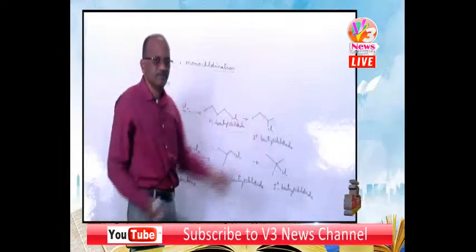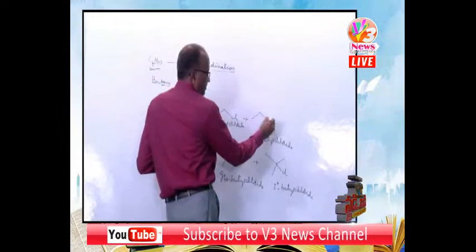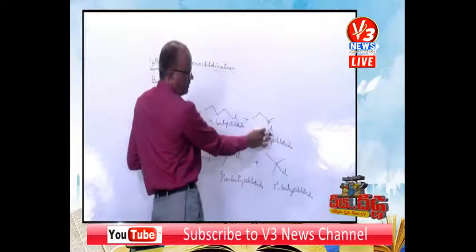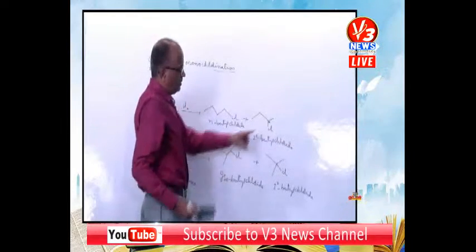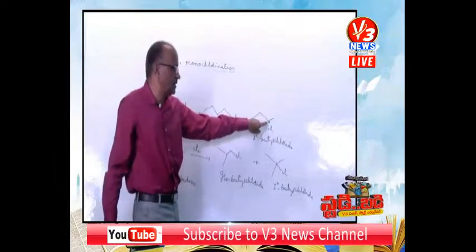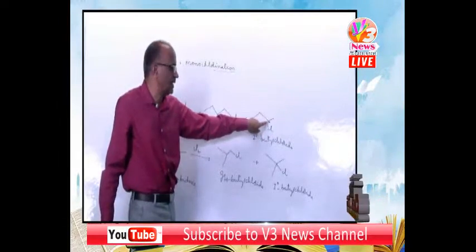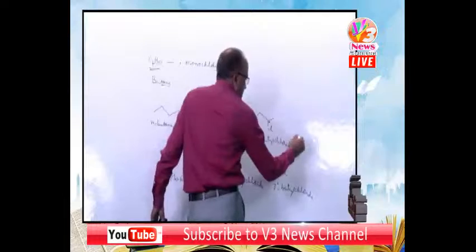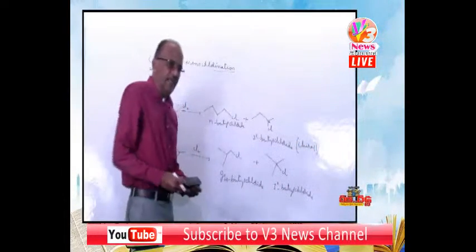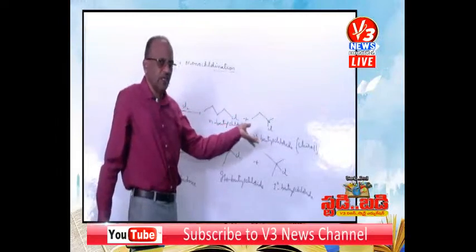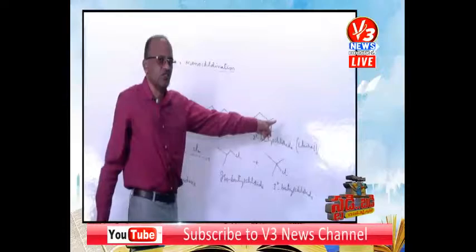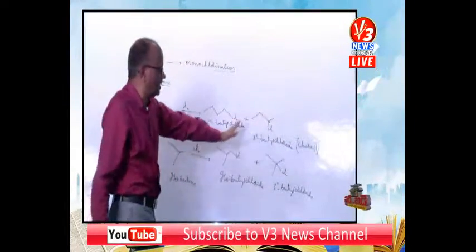Then total how many isomers are possible for monochlorination of butane? You observe this one. This is a chiral carbon. This side methyl, this side ethyl, this side chlorine. So one more group is hydrogen. 4 different groups are attached to this carbon. That's why this is a chiral carbon. Then this compound is chiral, that is optically active. So if we include stereoisomers also, including that enantiomer, total number of isomers is 5.